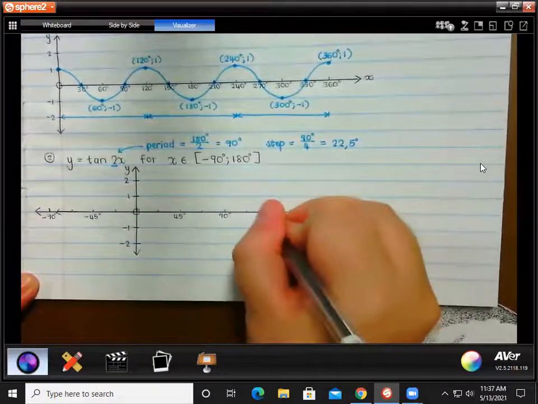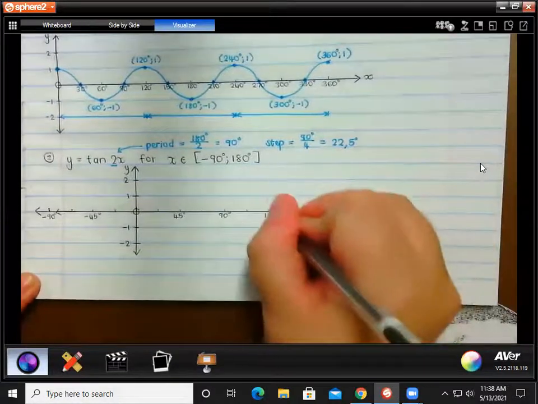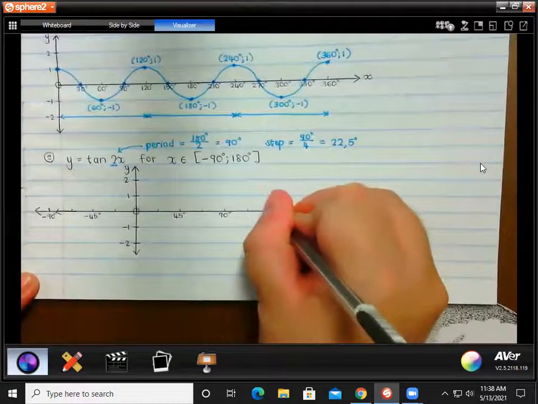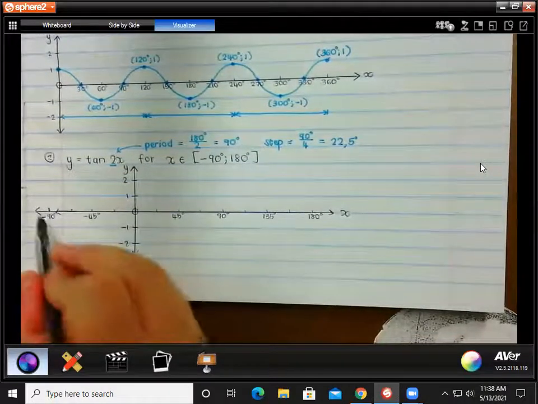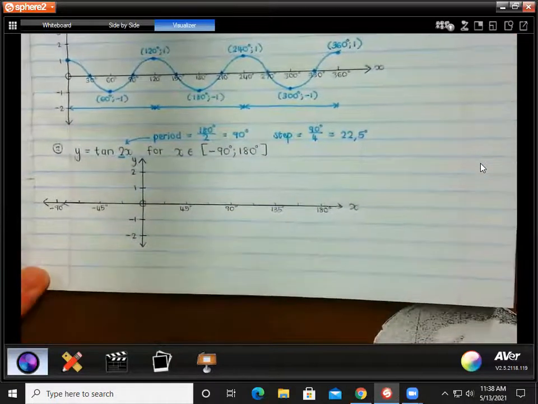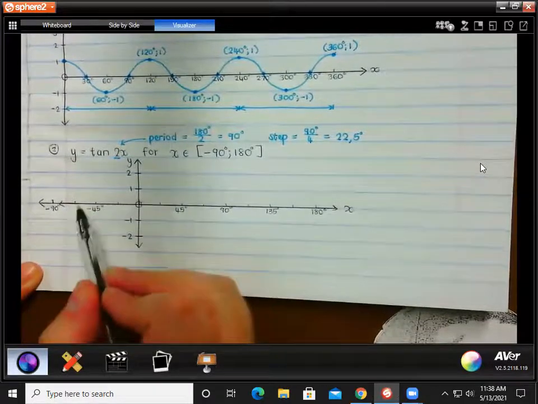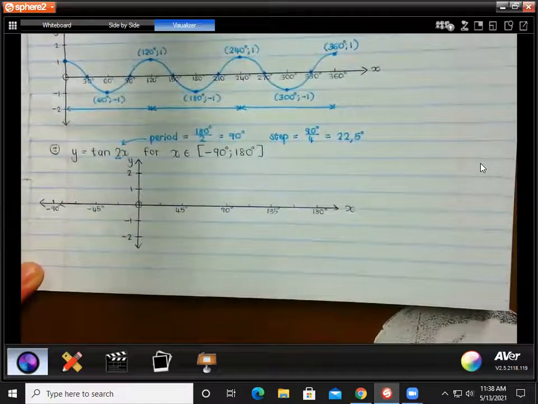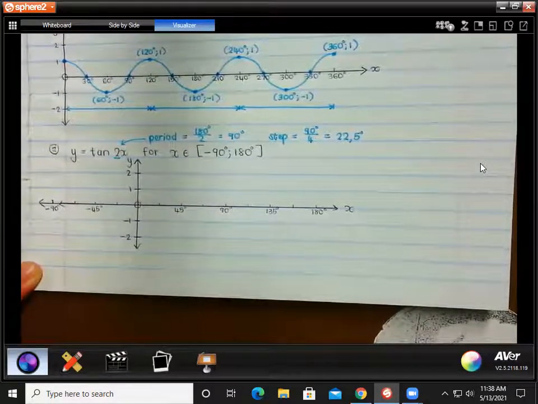Let me just check. 135. No, this one is fine. Yeah, sorry, I just made 1 too few over here. I'm not going to write in the middle ones because then it's going to be too close. All right, but when we have to plot those, we'll put them in.